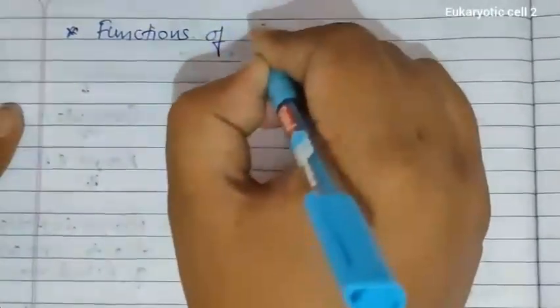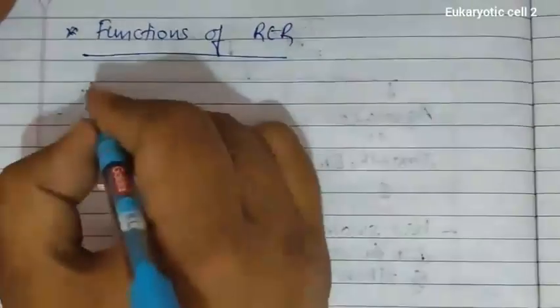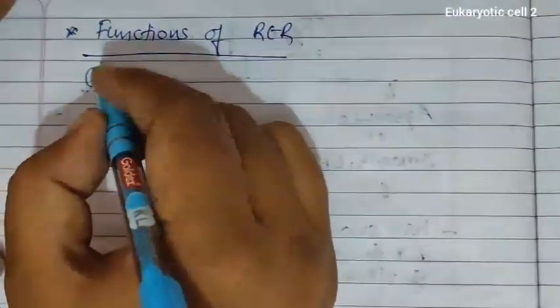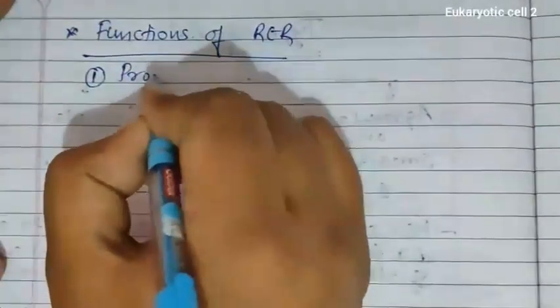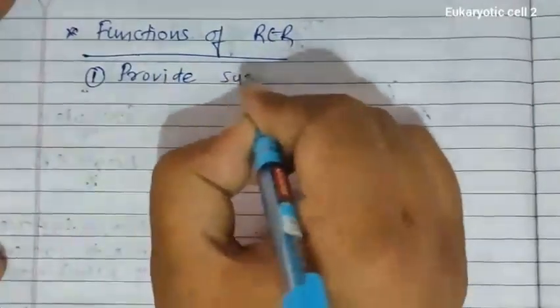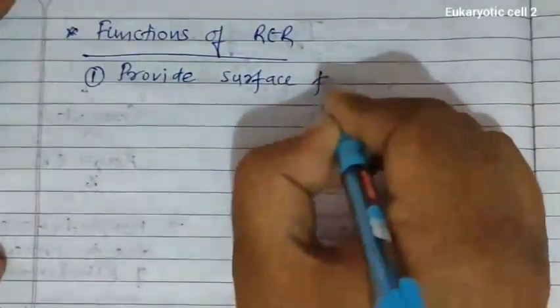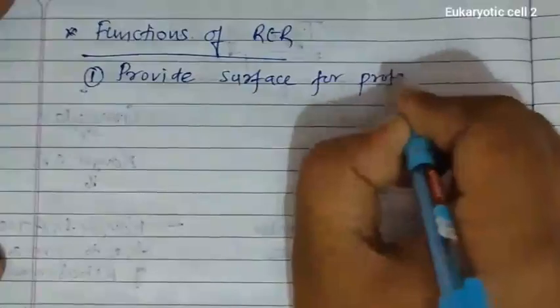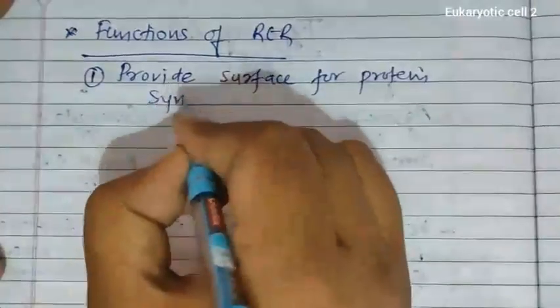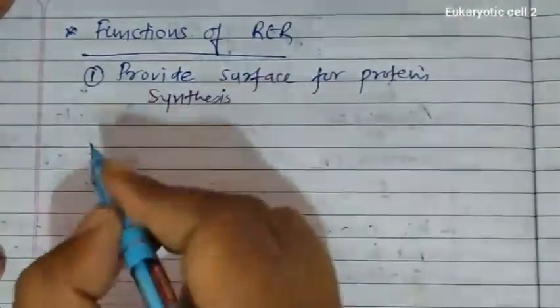So next we talk about functions of rough endoplasmic reticulum, that is RER. First, it provides surface for protein synthesis.